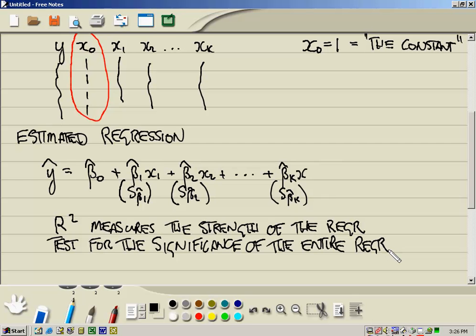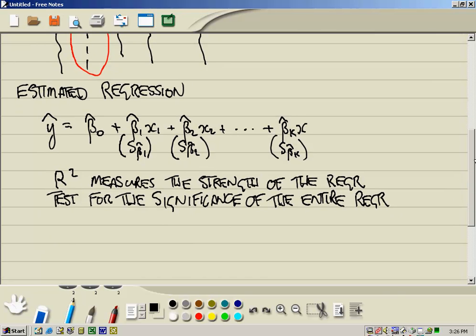In simple regression, we could test to see if the one x was significant, and if that one x was significant, then the whole equation was, since that made the equation. Now that's not so. One or more x's could be significant or insignificant, and that doesn't tell us anything conclusively about the significance of the entire regression.